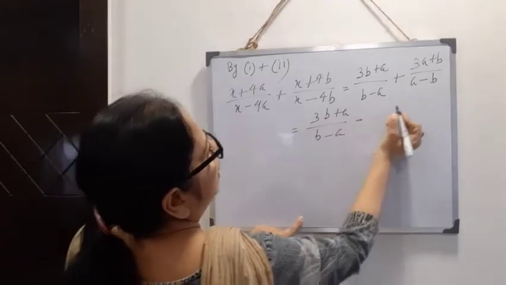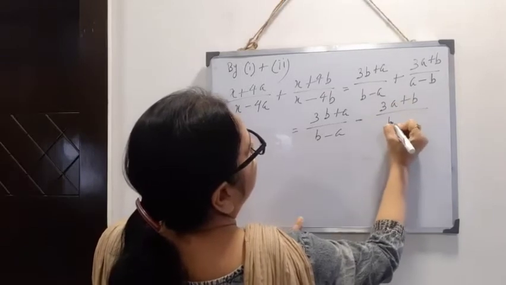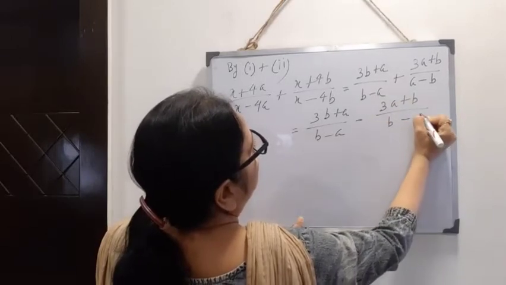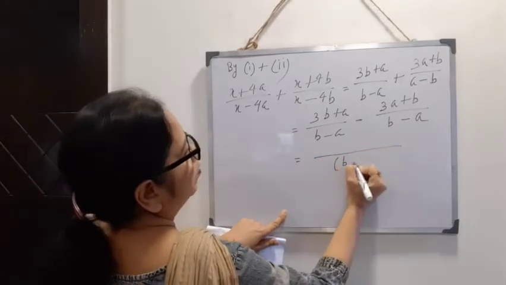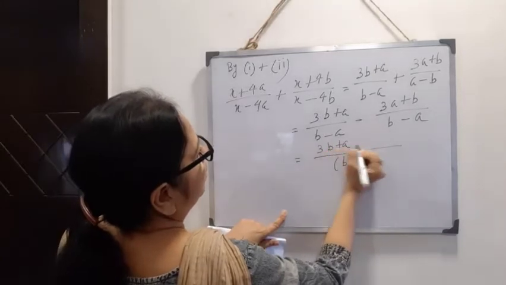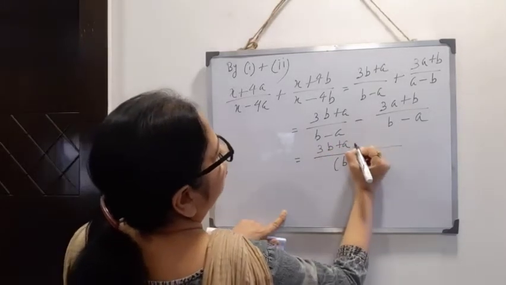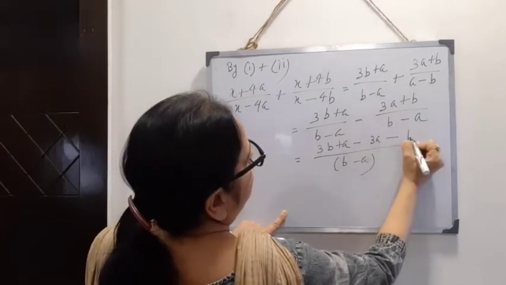Here I am taking minus common, so it is becoming b minus a. Now the LCM of the denominator is b minus a, so here 3b plus a, and the minus sign is there, so minus 3a plus minus b.